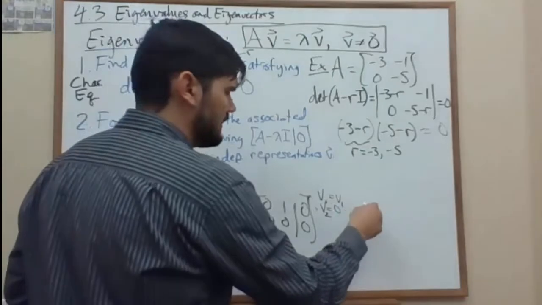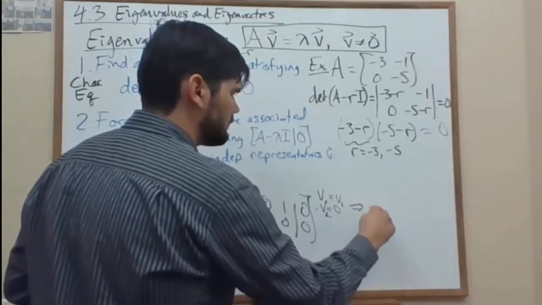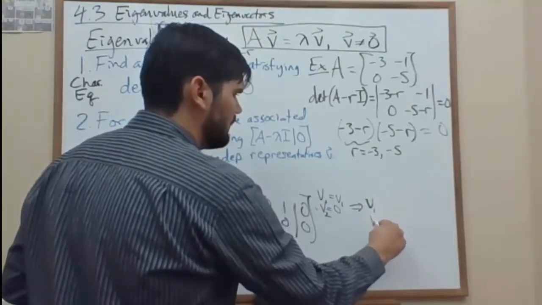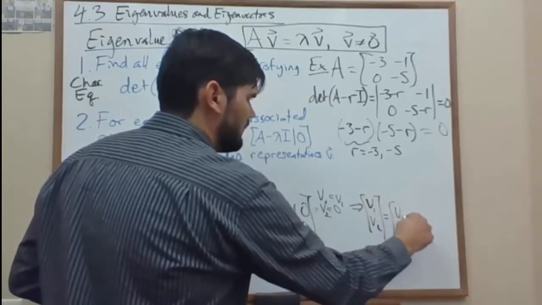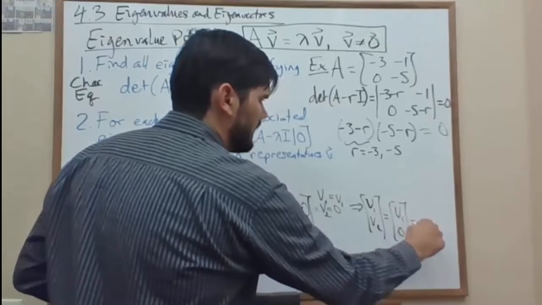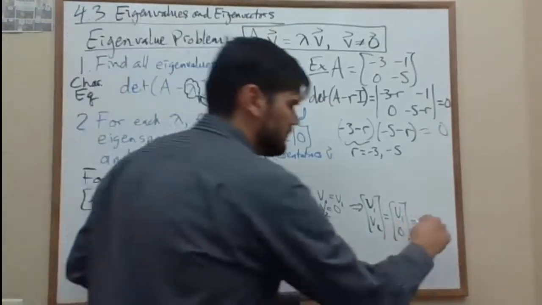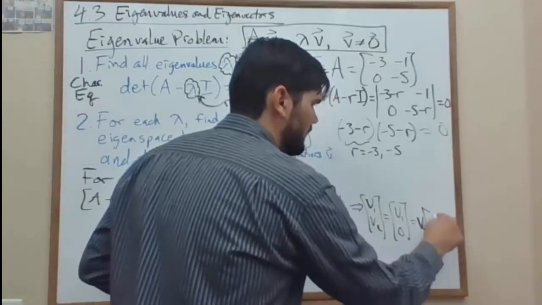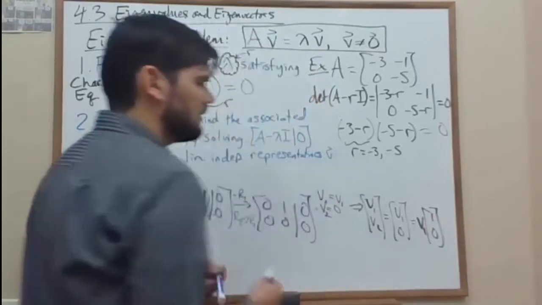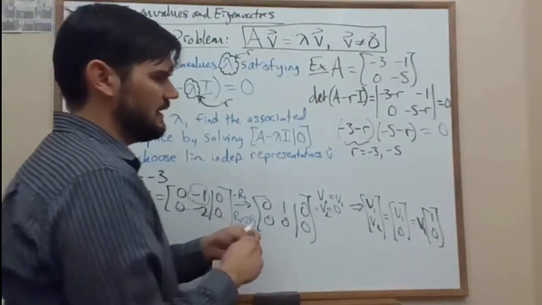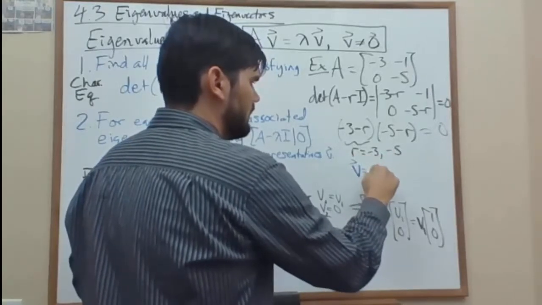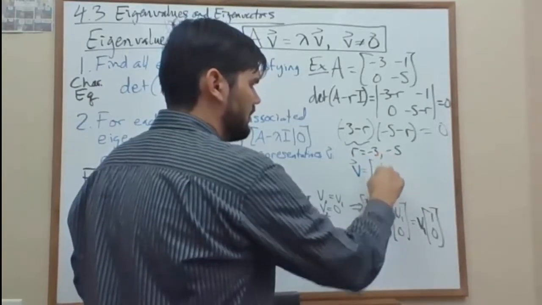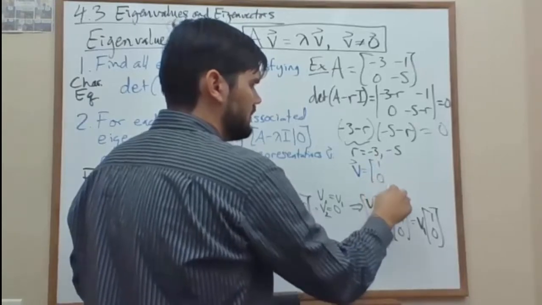And if we write that together, we get V1, V2 equals V1, 0. And if we factor out V1, our free variable, we get 1, 0. So we know that -3 is paired with 1, 0.